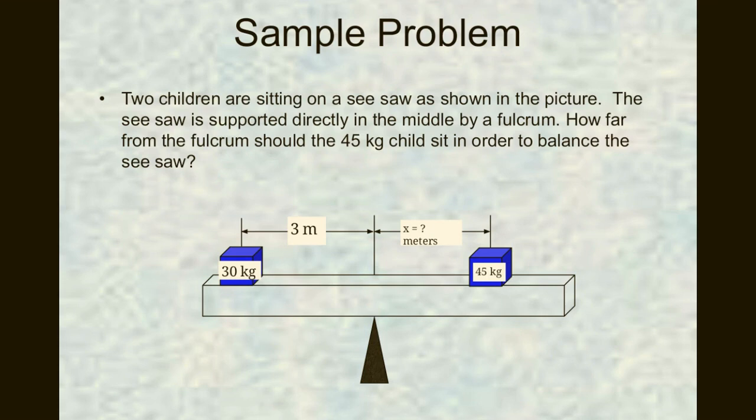If you have less force, like we do on the child on the left, you need a greater distance. So that answer of 2 logically makes sense because it's less than 3.